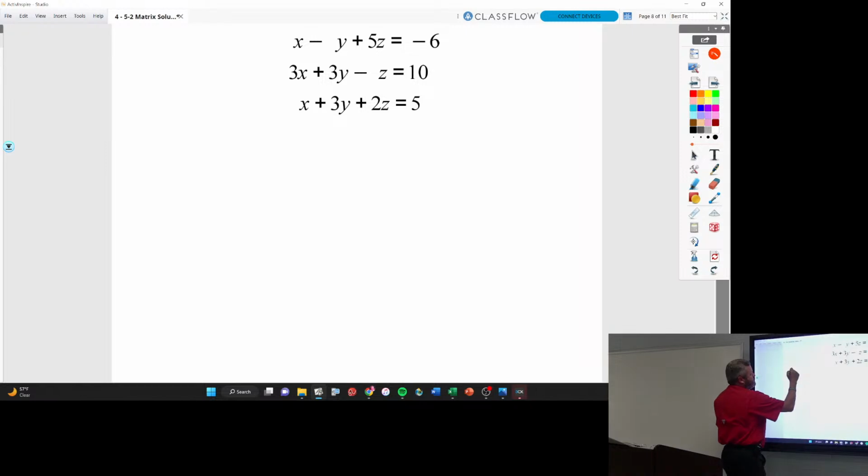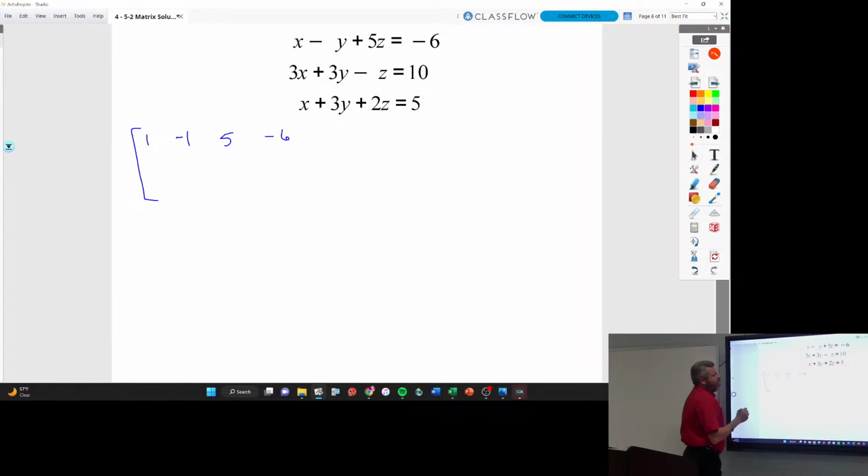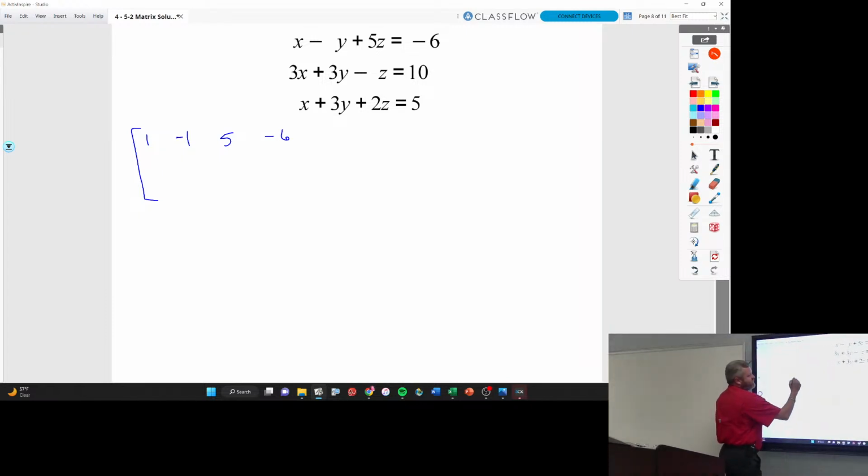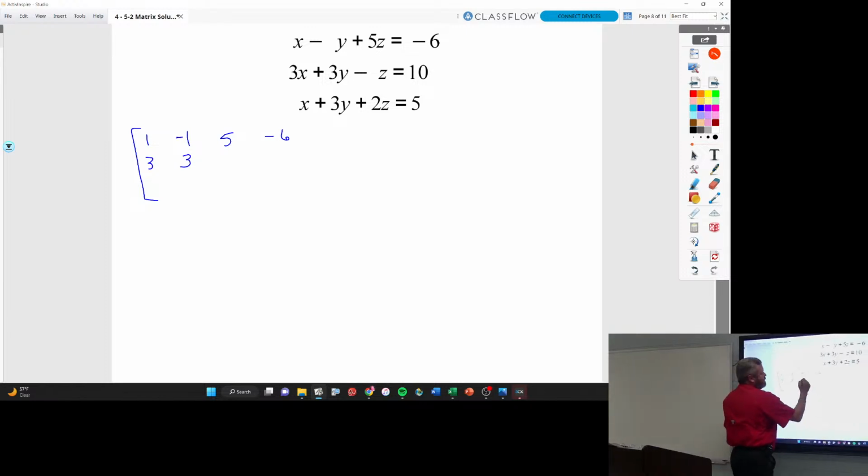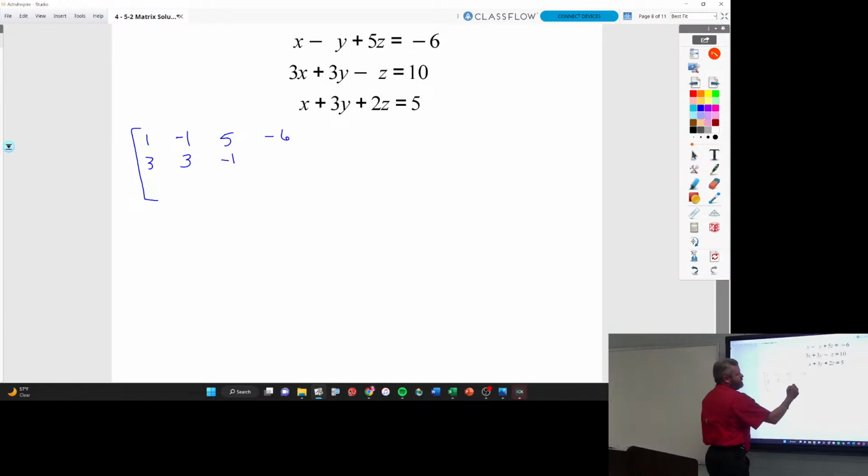So the first equation: the x coefficient is 1, the y coefficient is -1, the z coefficient is 5, and I have a solution of -6. Equation 2, x coefficient is 3, y coefficient is 3, z coefficient is -1, with a solution of 10.